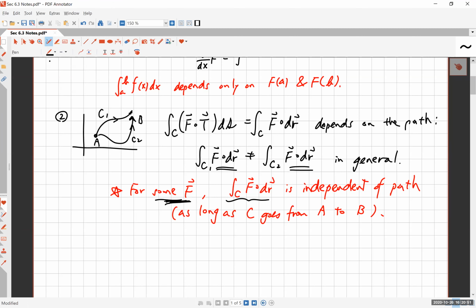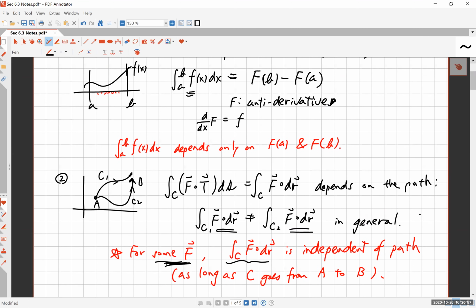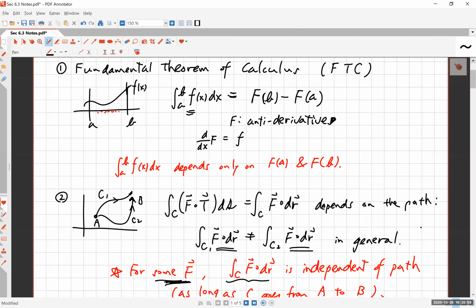All right, so the question is, for what functions are these the same? I hope you can see the relationship between fact 1 and fact 2 here. If this integral happens to be independent of the path, as long as the path goes from A to B, then we can actually solve for this independent of what happens between A and B, only at A and B, very much like the fundamental theorem of calculus, right?